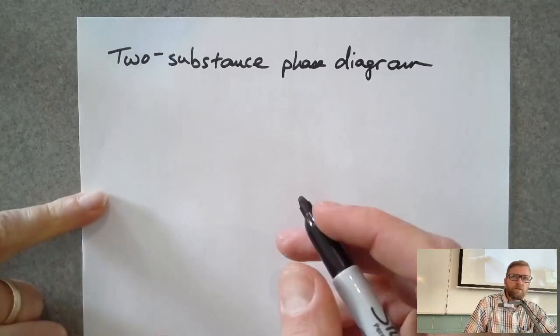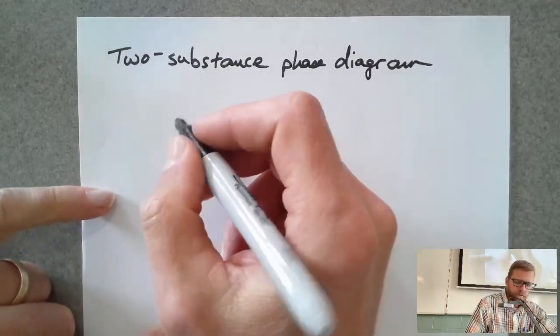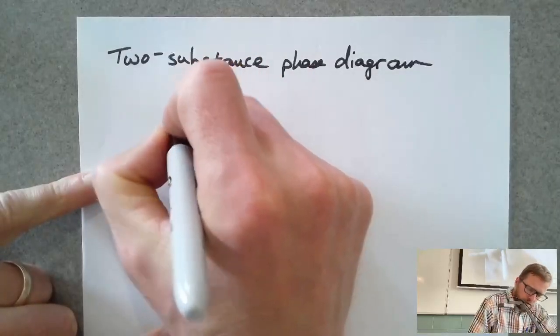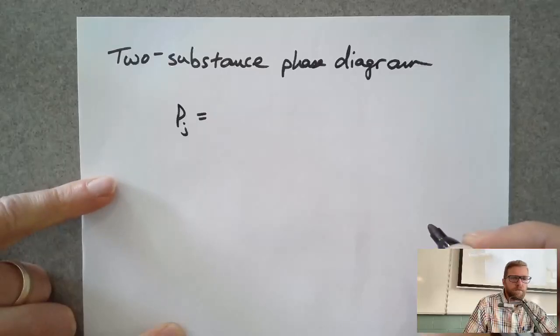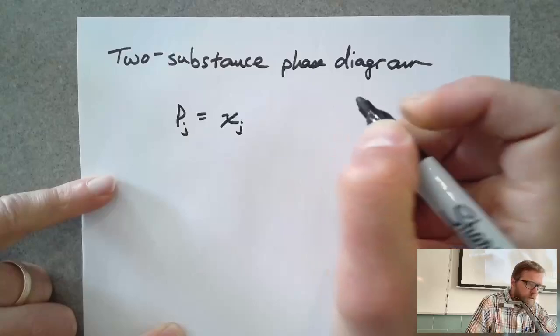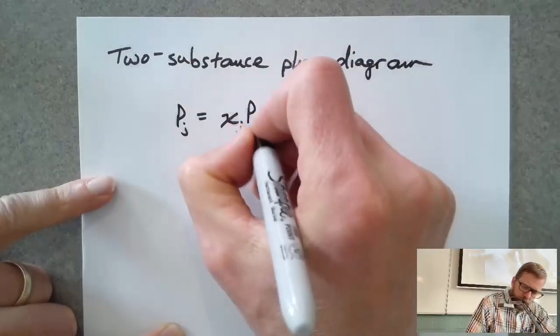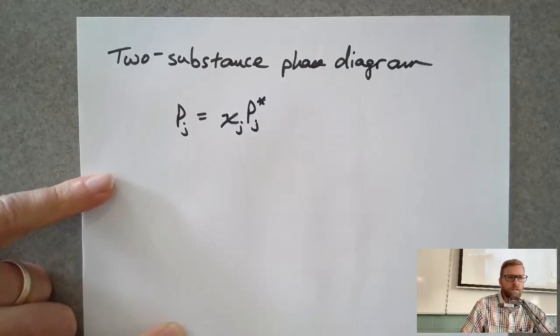Raoult's law is what governs our treatment of this. It says that the partial pressure of substance J is equal to the mole fraction of that substance times its partial pressure all by itself.